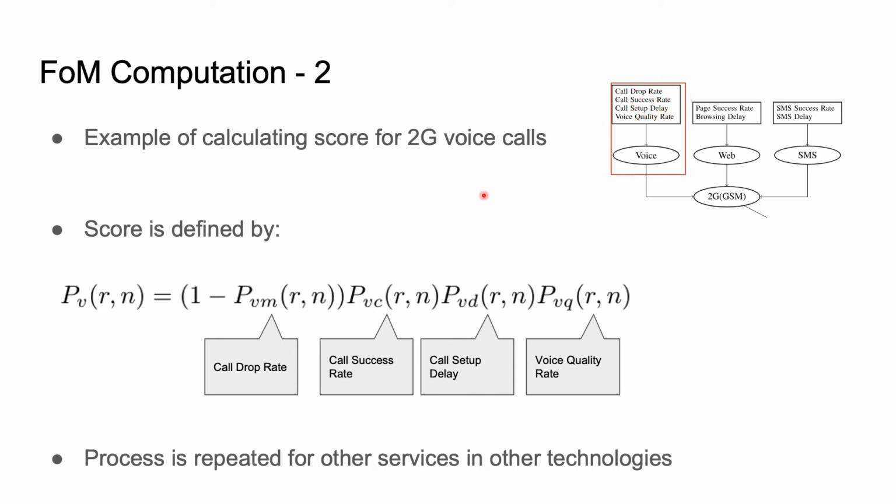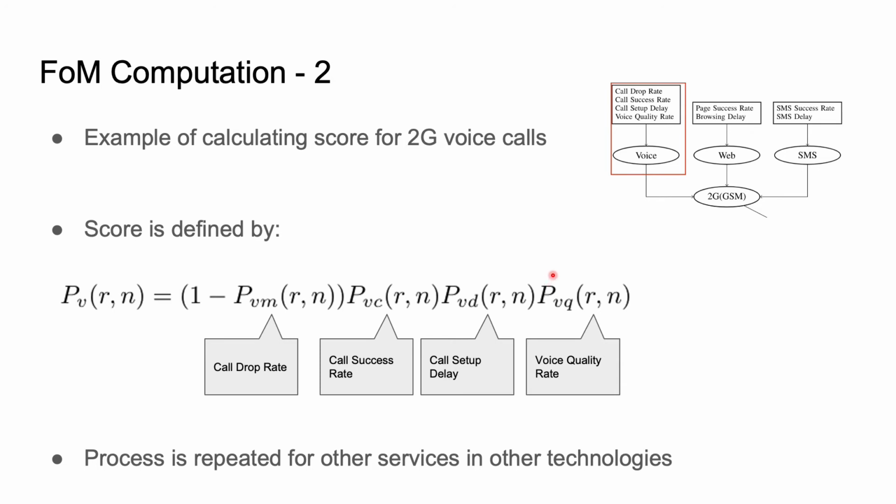So for example, we look at the proportion of dropped calls within the past 24 hours, if N was 24. Similarly, we look at how many calls were successfully set up in the past N hours, how many calls were set up with an acceptable delay, and how many calls received a certain specific quality.